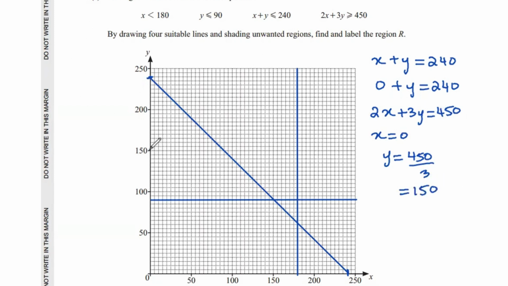So x is 0, y is 150, and if y is 0, then 2x equals 450, which shows that x equals 450 divided by 2, and that gives us 225.